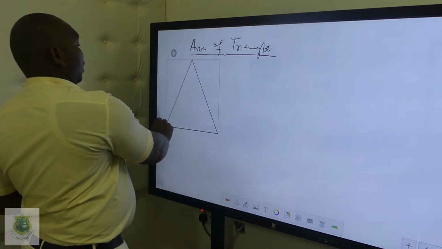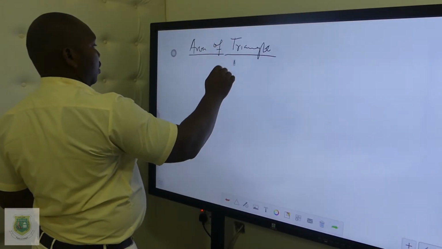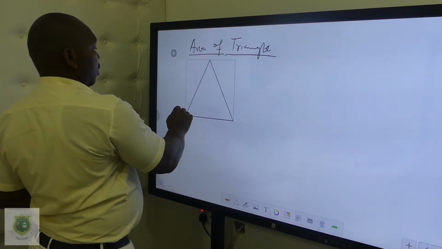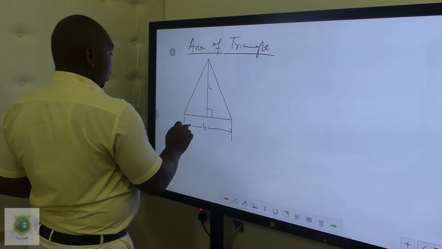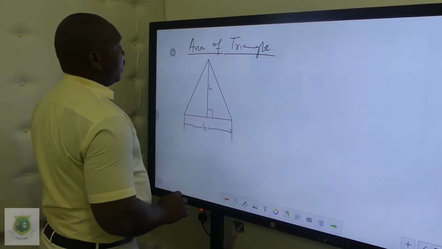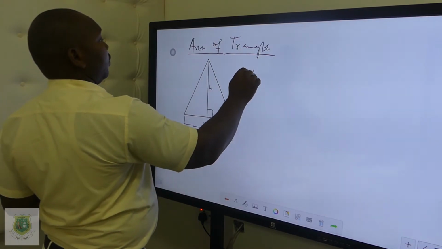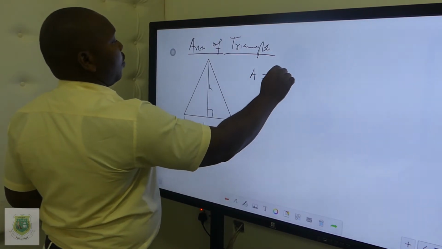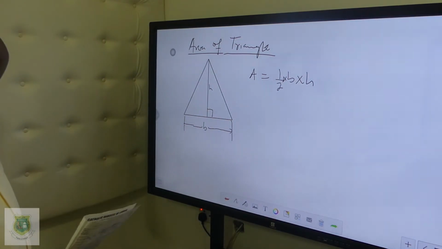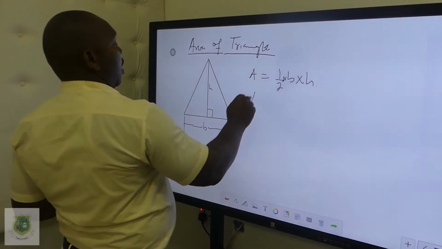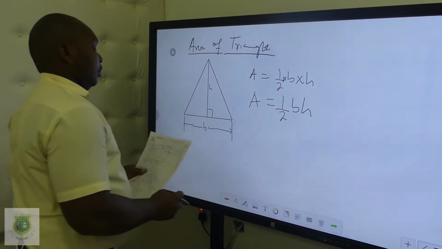If this is a triangle, the area of this triangle is equal to half times base times height. That is what we call half base times height.